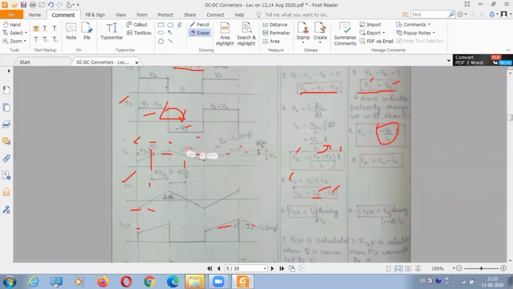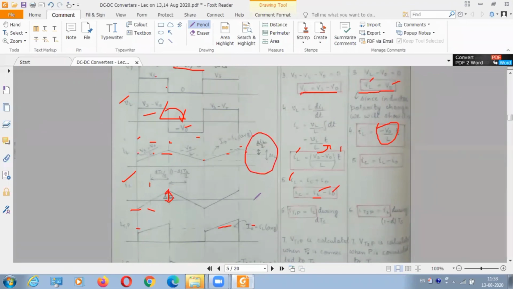IL minus I naught? No, IL minus I naught is this complete waveform. I am asking what will be the height at this point. This is the height, right? What will be the height at this point? See this point, this average value, this point is brought to 0.